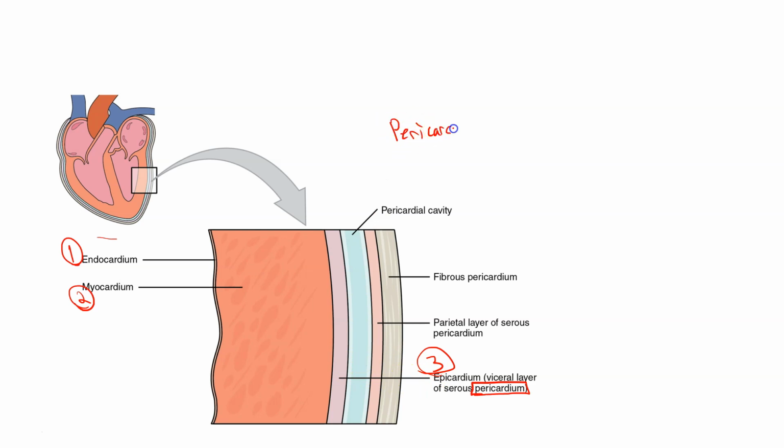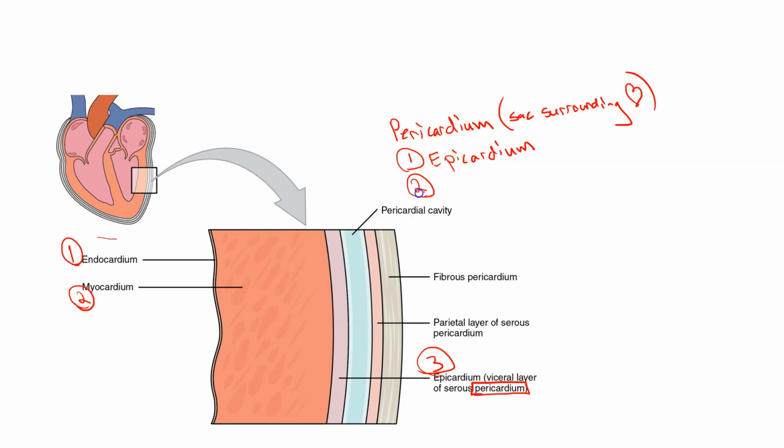So maybe I'll write a quick note here. This is actually the sac surrounding the heart. So not technically the heart itself, but it is made up of one layer, the epicardium, which is an actual layer of the heart. So even while the pericardium is not really considered the heart itself, part of its layer is continuous with the actual heart, the epicardium.